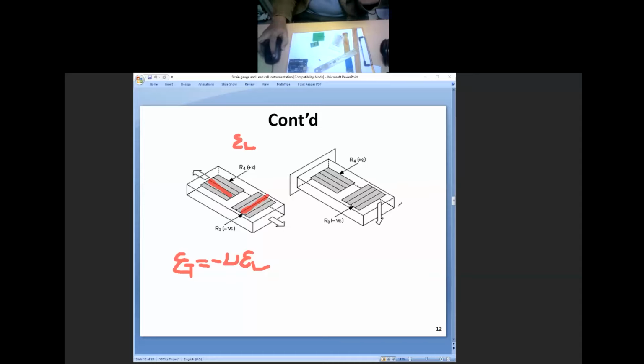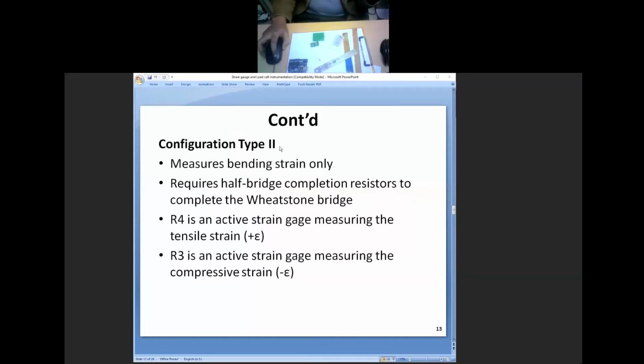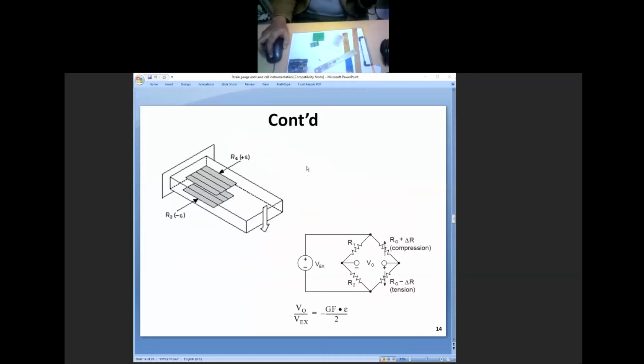Similarly, we can go for the bending case. Here, same arrangement, bending load. Again, here it's positive, here is negative. Now configuration type 2. Let me show the type first. Here for the bending case, we are putting one at the top and one at the bottom, both in this direction only.